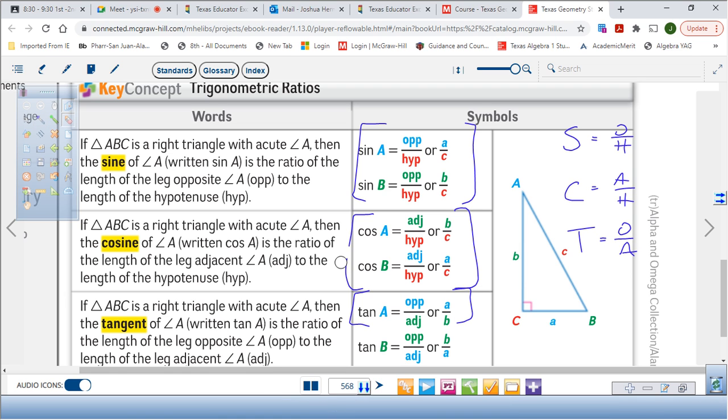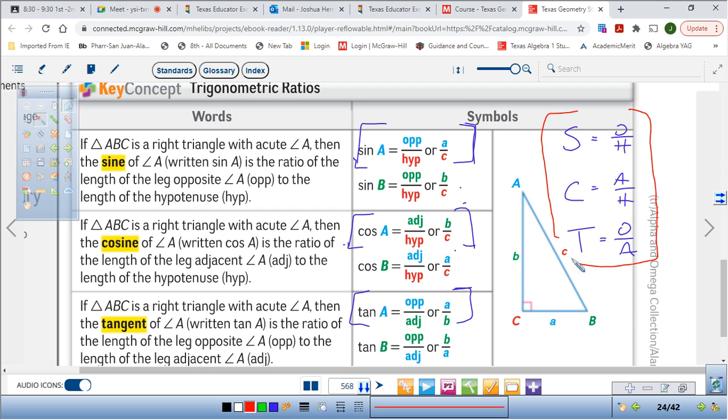You're cool with me? Do draw this triangle, and then make sure you know this part here, I guess this red box.